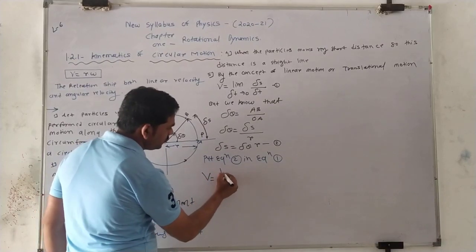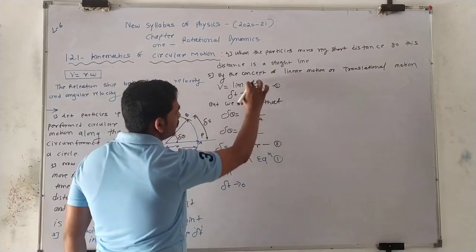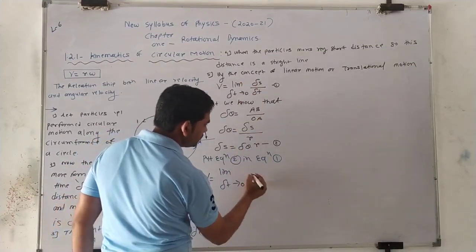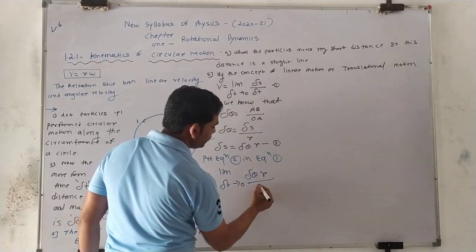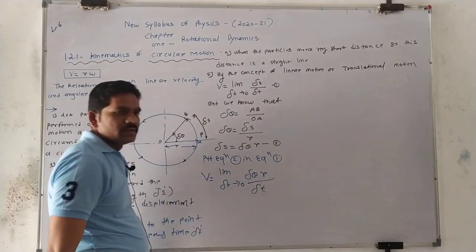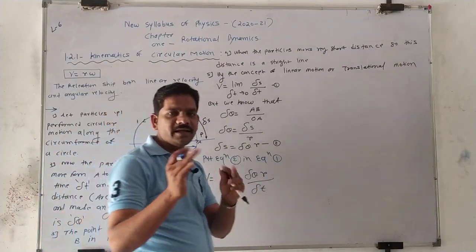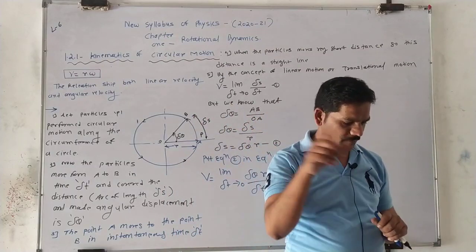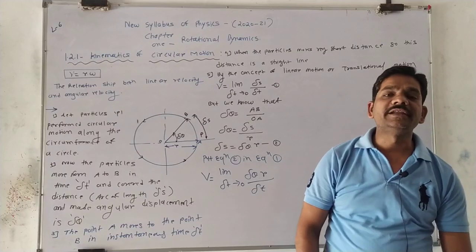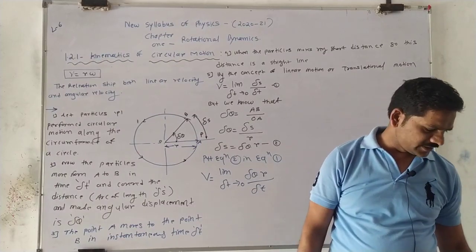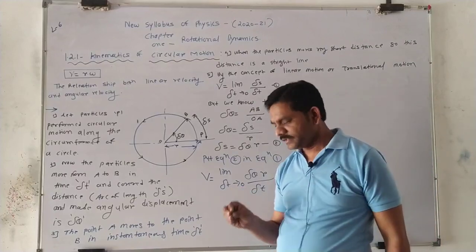V is equal to limit del t tends to 0 of del theta into R upon del t. What is the constant here? R is constant because the radius does not change. When a particle performs circular motion, there is no change of the radius. The radius should be fixed, it should be constant.